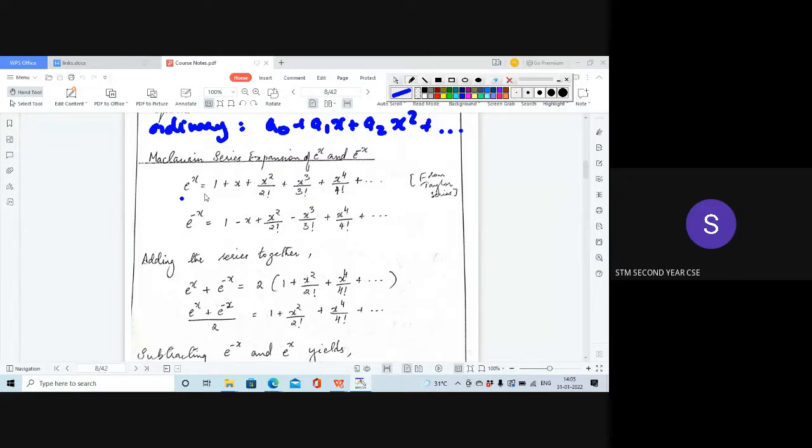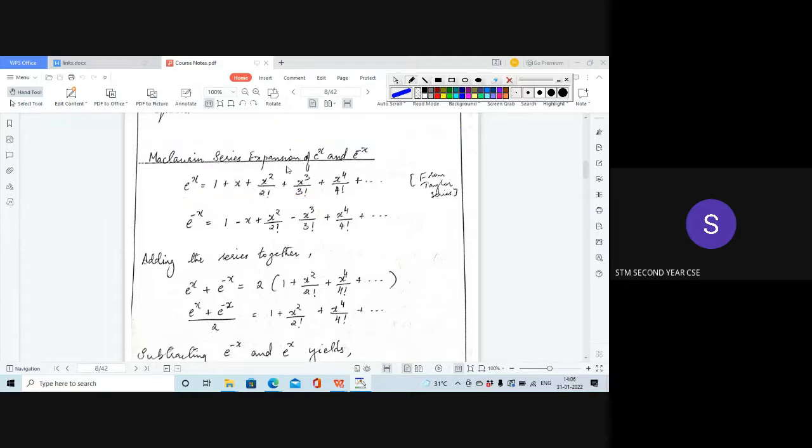If we consider this as an ordinary generating function, then the coefficients will be 1, 1, then 1 by 2 factorial is another coefficient, 1 by 3 factorial. If you are considering the factorials as coefficients, then this turns out to be an ordinary generating function. But if the factorial is considered along with the powers of x, then it turns out to be an exponential generating function.